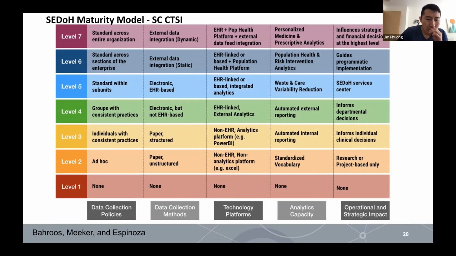In order to understand that, you need to look at a bigger picture of how the site's maturity with social and environmental determinants of health should maybe be factored in.